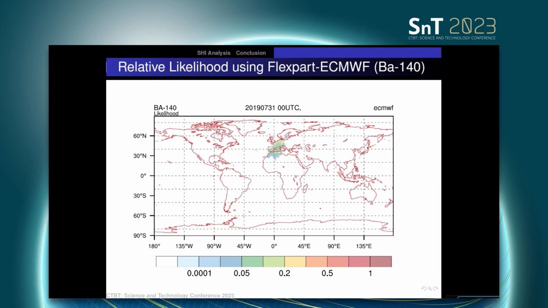Approaching the 30th of July, we have a higher probability, or higher likelihood function, between the 29th and 30th of July. Then the value decreases again. So the area of interest is the region around the reactor, around the accident, and the time between the 29th of July and the 31st of July.